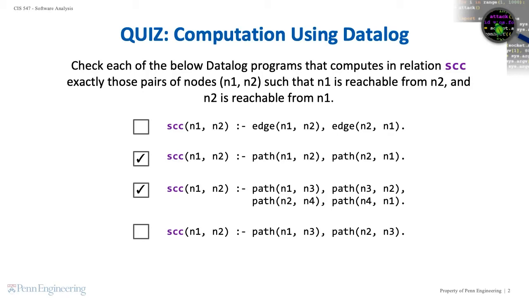The fact that there exists some node n3 such that there is a path from n1 to n3 and a path from n2 to n3 is neither a necessary nor a sufficient condition for nodes n1 and n2 to belong to a strongly connected component.